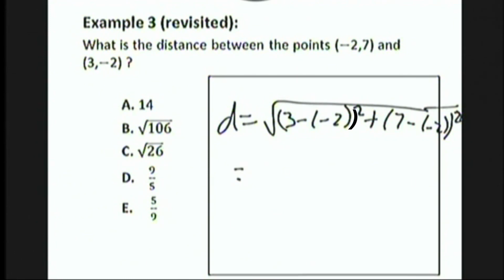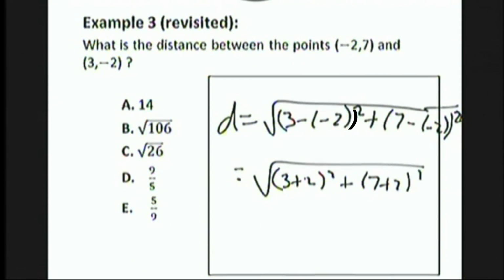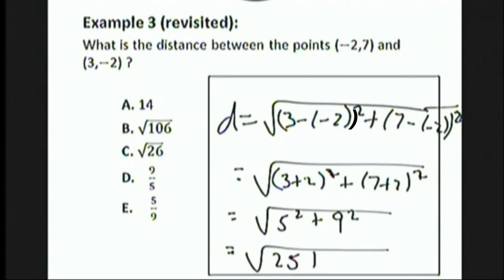Okay, so that's equal to the square root of (3 plus 2) squared plus (7 plus 2) squared, which is the square root of 5 squared plus 9 squared, which is the square root of 25 plus 81, and that's the square root of 106. Once again, that is choice B.